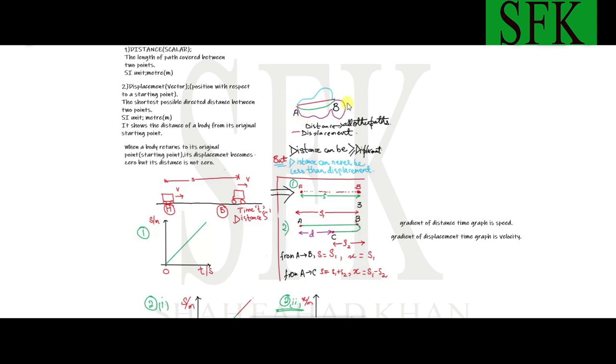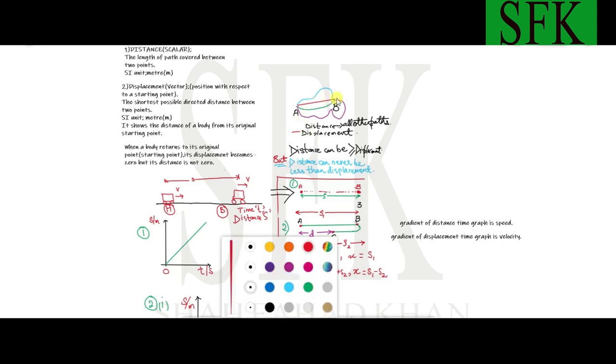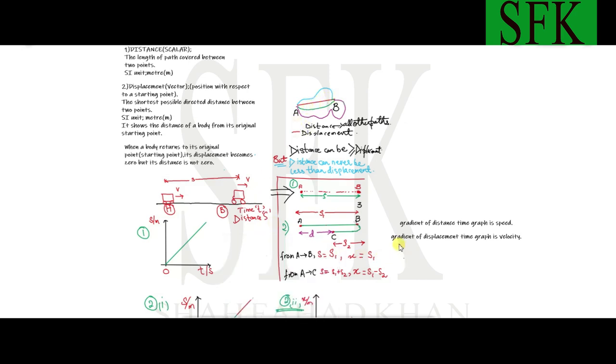So if we talk about A and B, the shortest possible distance is this red line, and to represent the displacement, it has to be represented with respect to a certain point.